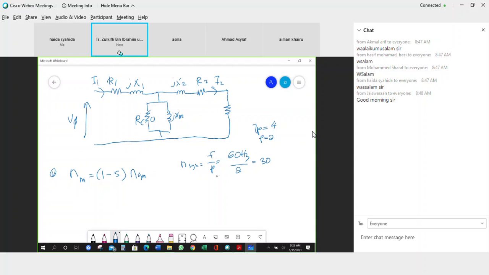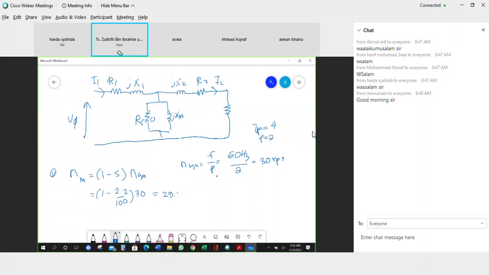Now your Nm is at slip 2.2%, so 1 minus 0.022 times 30. Your speed is about 29.34 rps.